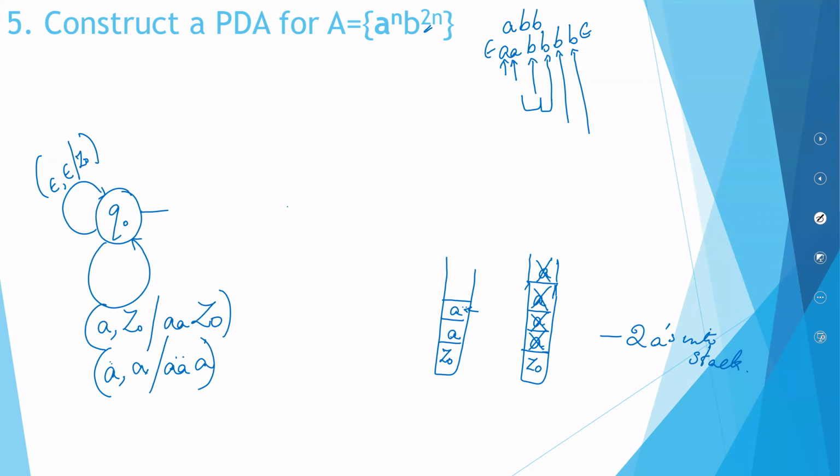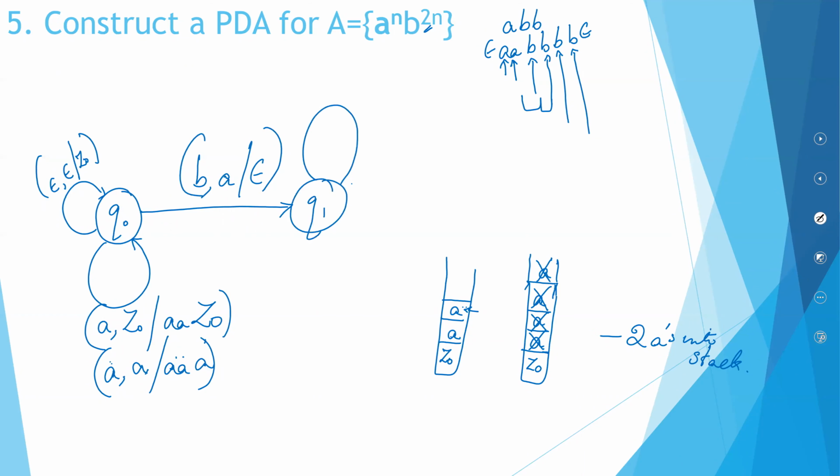After which you will be encountering a B. Now when you encounter a B and the top of your stack is A, very simple, pop it out. When you pop it out, you write epsilon. So that is for your first B. You might be encountering several B's.